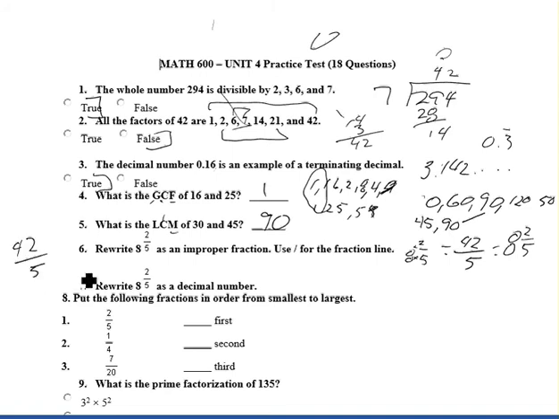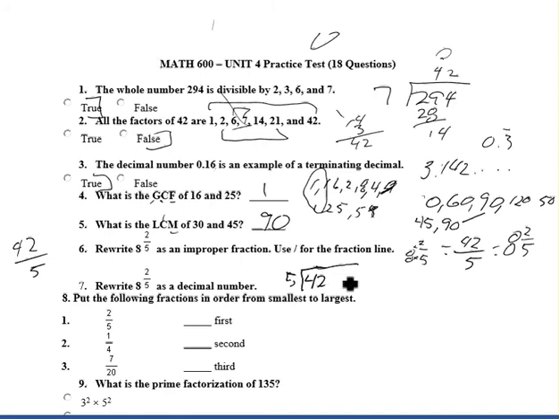And rewrite this as a decimal number. To convert fractions to decimals, you divide. So step 1, I would convert it to an improper fraction, so we have 42 over 5. Let's divide the denominator into the numerator, and you'll get a decimal number.